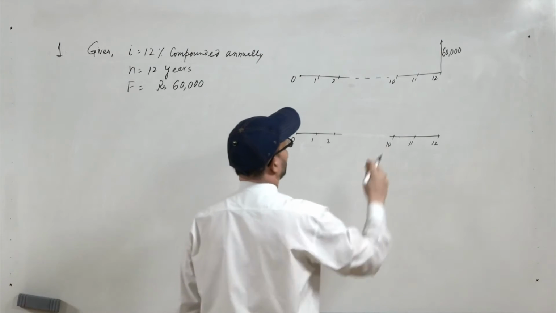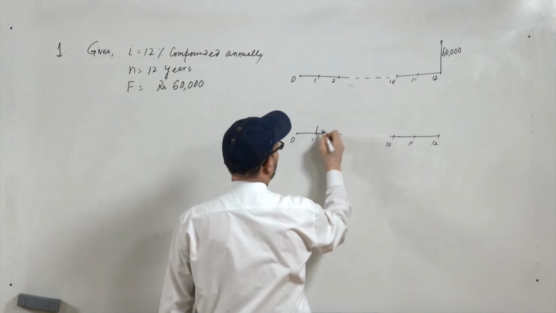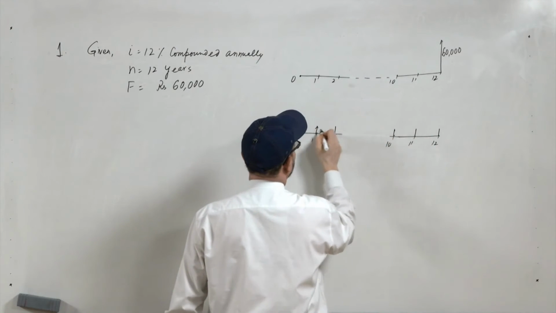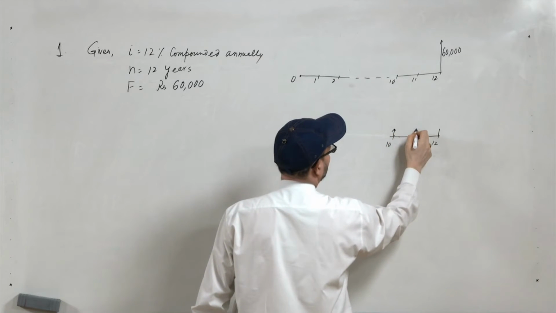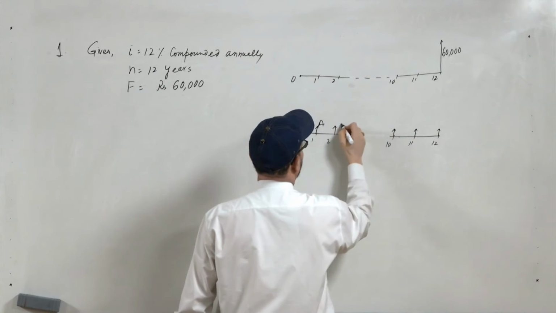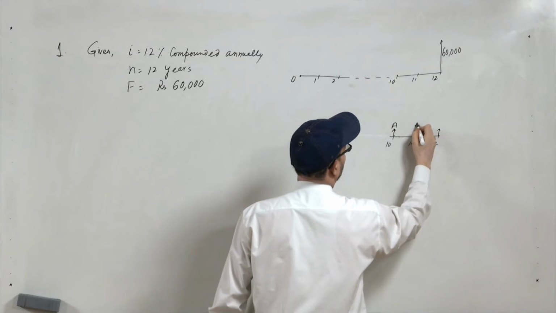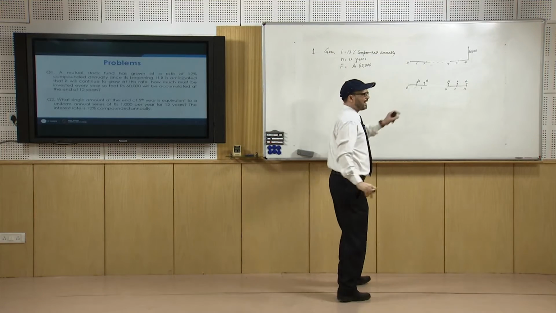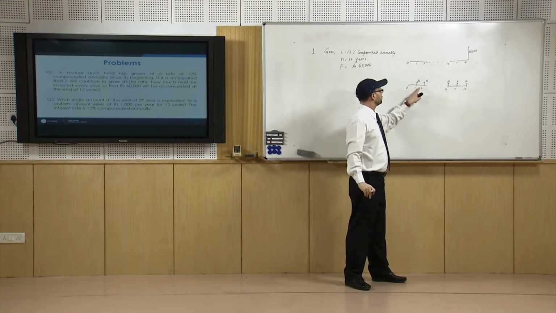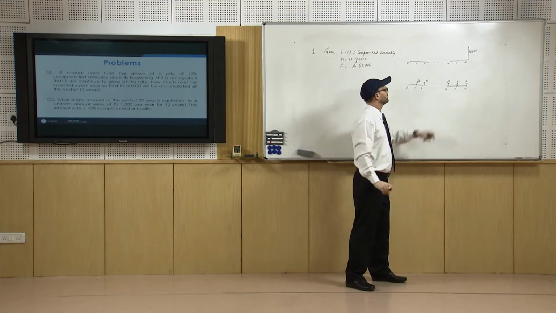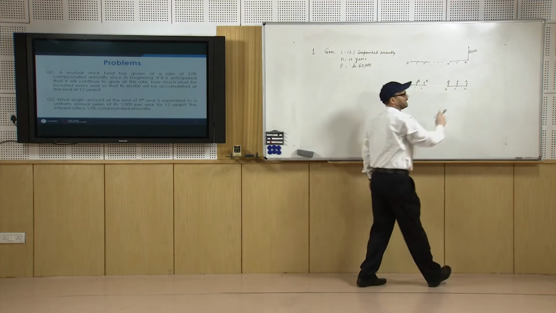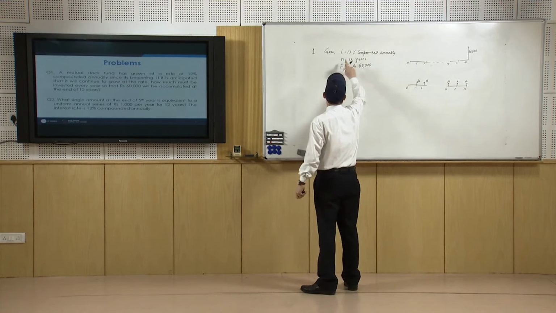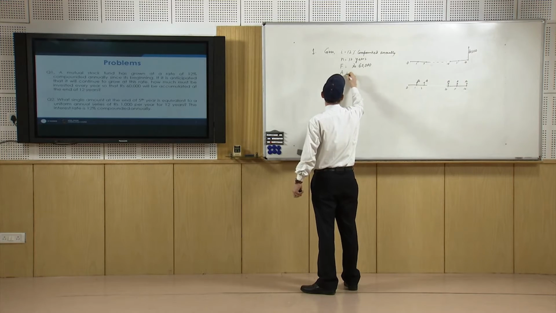You have to find the equivalent amount A which should be deposited every year end, so that this is equivalent and gives you 60,000 at the end of 12 years. So, you are given F, n and i, you need to have A.